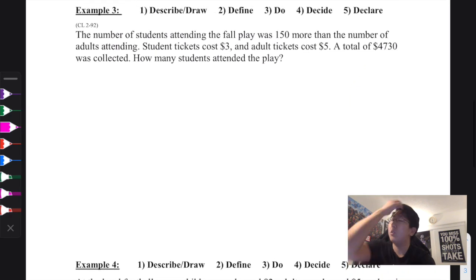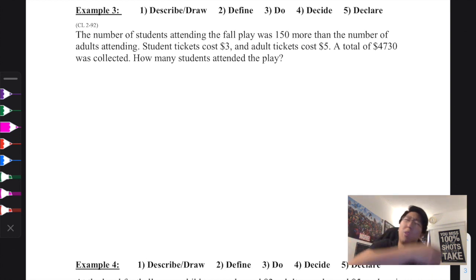So the key here is to find out what character is not described, and then introduce it, give it a variable. Describe the other portions, use the relationship, and solve. So the number of students attending the fall play was 150 more than the number of adults attending.